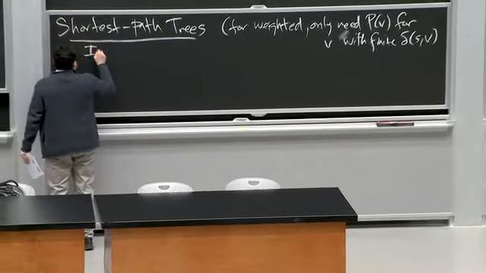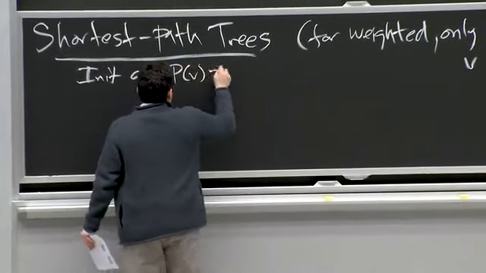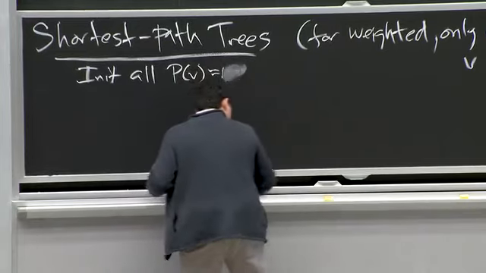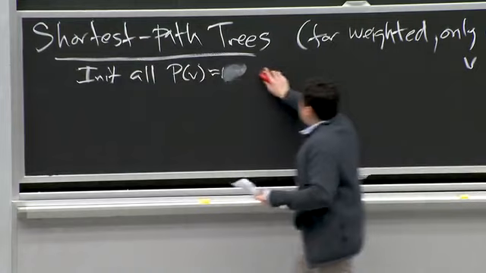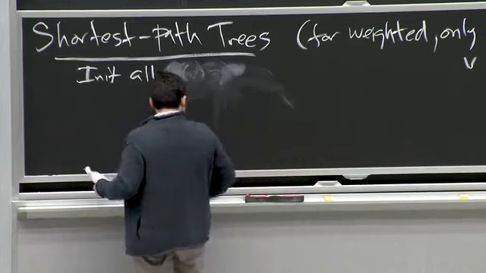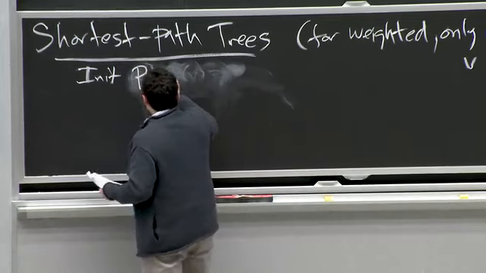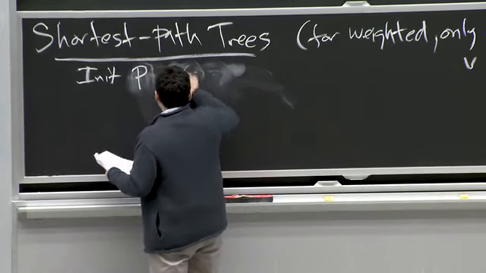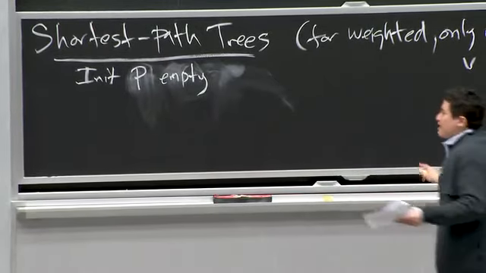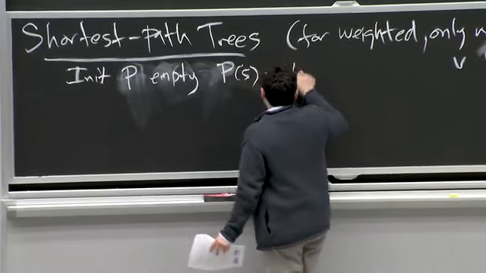I'm going to initialize all P of v to equal... getting ahead of myself. I'm writing down DAG. All right, initialize my parent pointer data structure to be empty. First, I'm not going to store any parent pointers, but at the beginning, I'm going to set the parent pointer of the source to be none.